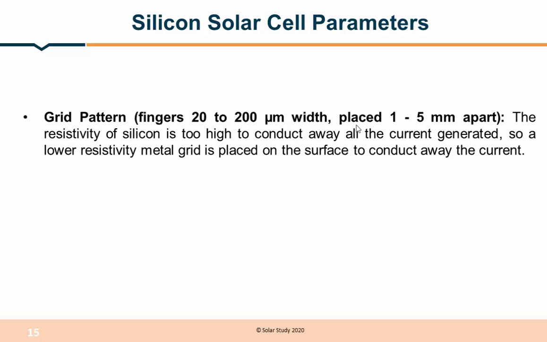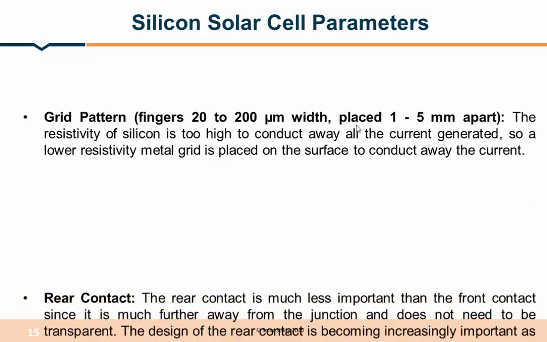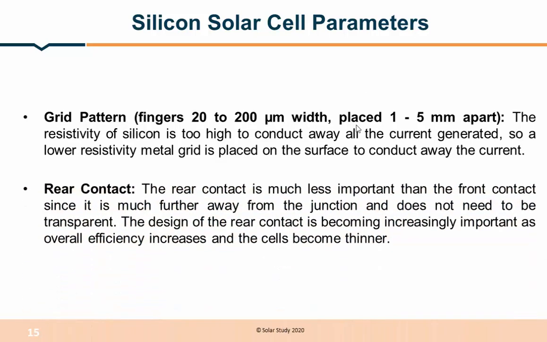Next we will see the grid pattern. The grid pattern is nothing but the conducting lines, which are basically called bus bars. So we will see the fingers, which are around 20 to 200 micrometers wide and placed 1 to 5 millimeters apart.